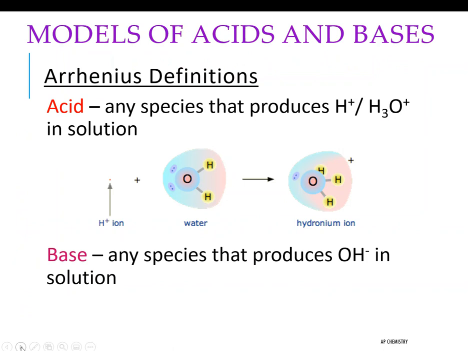Now, the Arrhenius acid definition and Arrhenius base definition are the most basic definitions for acids and bases. Learned this one in Chem 1, same kind of idea here, where an acid is any species that produces hydrogen ions in solution. Now we're going to alter that.